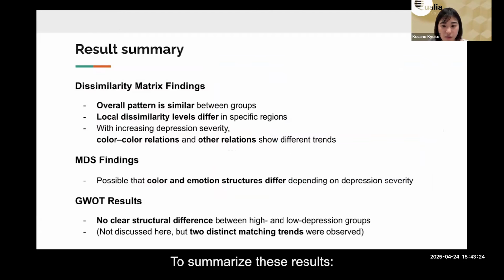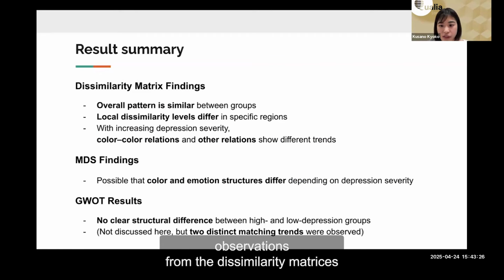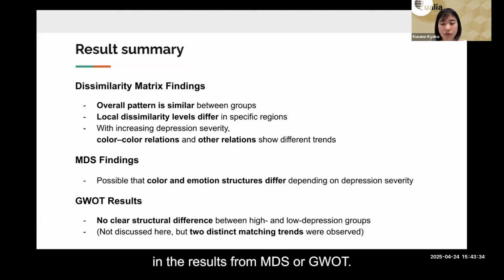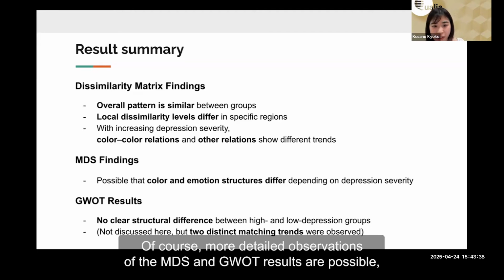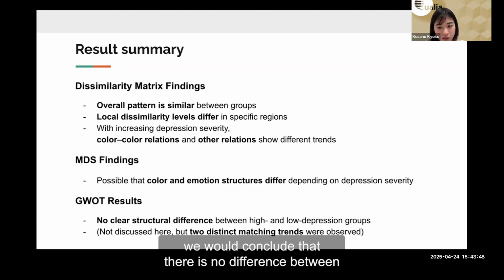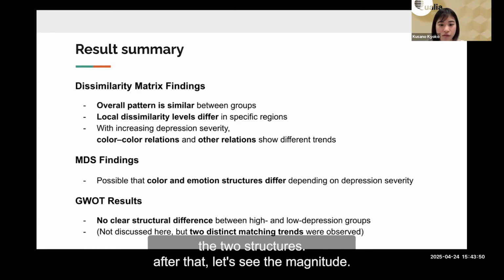So to summarize, observations from the dissimilarity matrix and correlations with depression levels were not reflected in the results from MDS and GWT. Of course, more detailed observations are possible, but if we naively accept only the optimized result from GWT, we would conclude that there is no difference between the two structures.